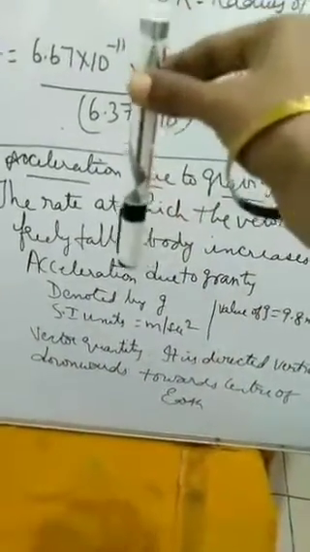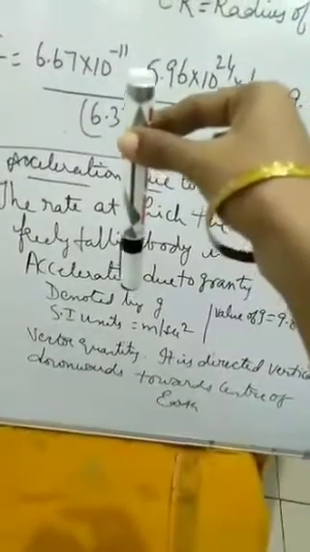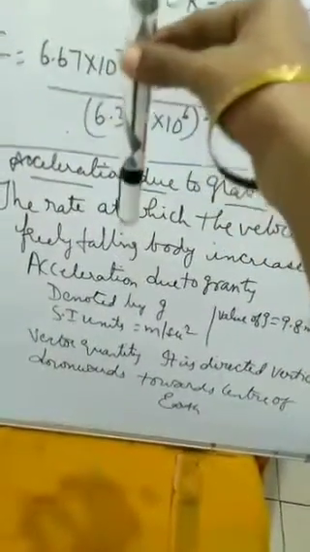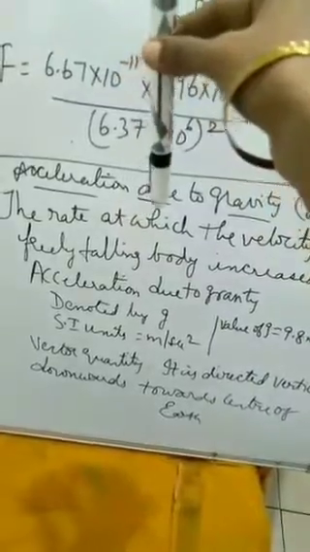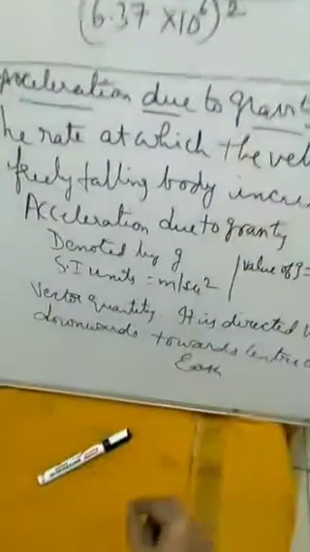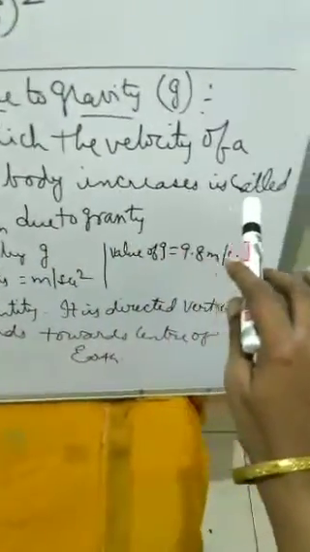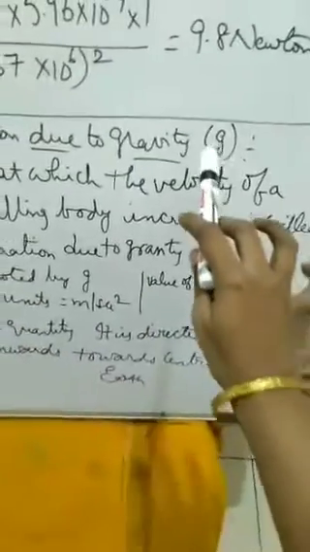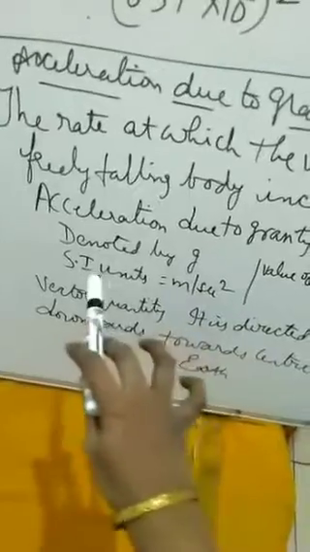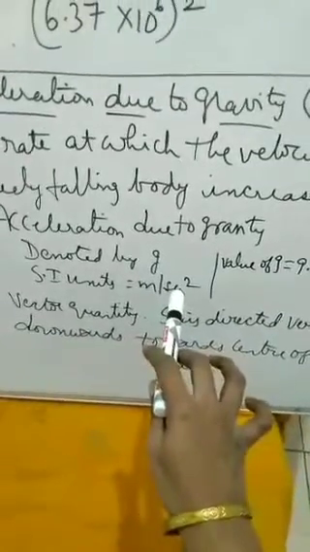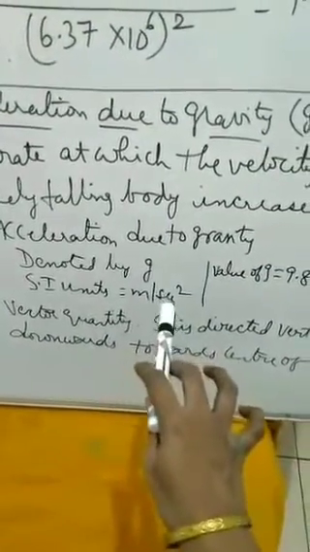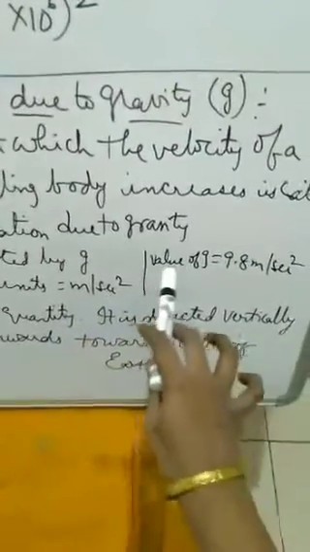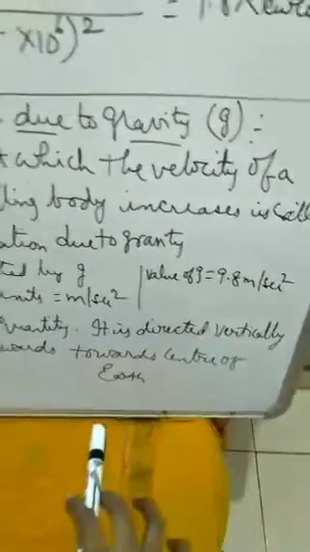Here when I have caught it in my hand, it is at rest. When I have left it, it is going to fall freely with increasing velocity. The rate at which the velocity of a freely falling body increases is called acceleration due to gravity, represented by small g, with SI units meter per second square, and the value of g is 9.8 meter per second square.